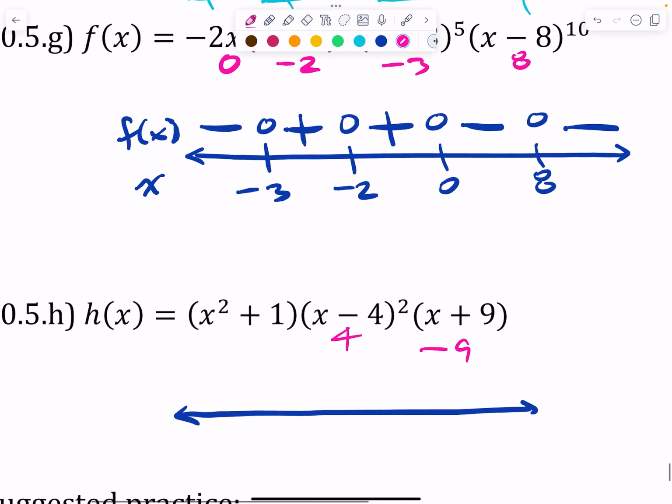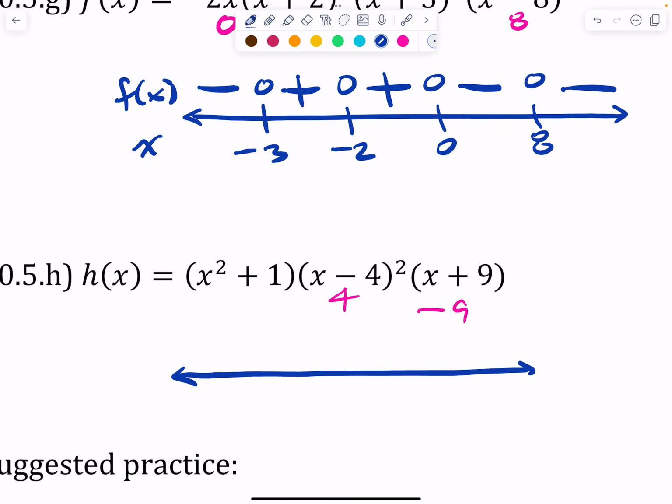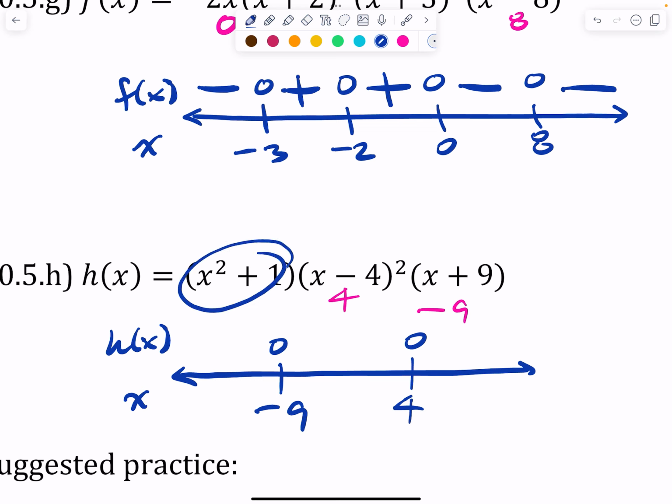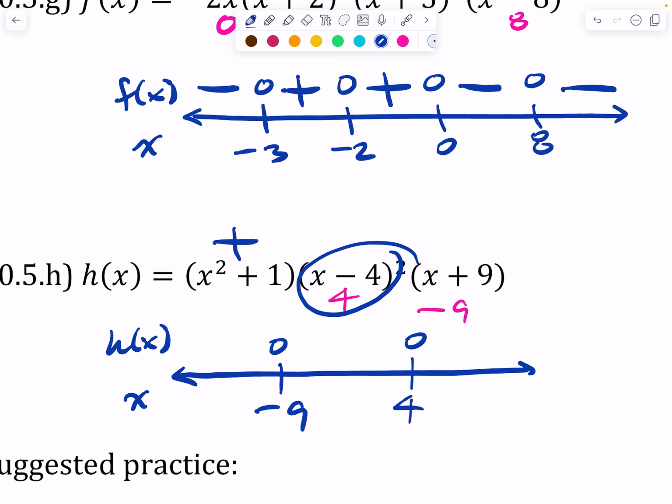Our only critical values here are -9 and 4. Those are all zeros of the function h of x. From a graphical perspective, we know x squared plus 1 is always positive. We don't worry about that. And x minus 4 squared, as long as we're not at 4 itself, is going to be positive.